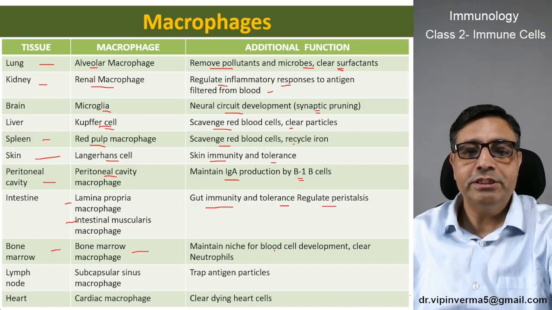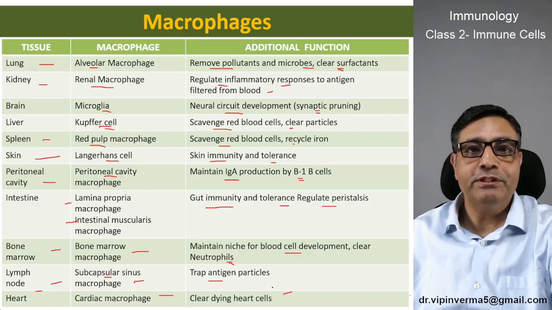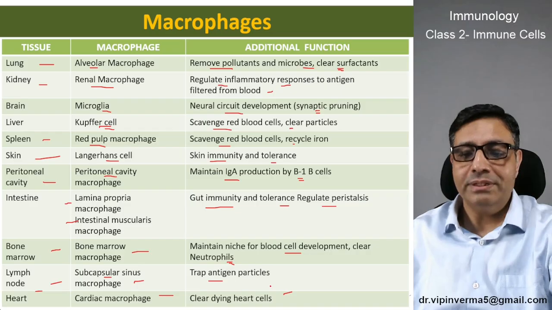They maintain the niche for blood cell development, and they clear the neutrophils. In lymph nodes, we have the subcapsular sinus macrophages, which trap the antigen particles. And in heart, we have the cardiac macrophages, which clear the dying heart cells. Okay, so these are some of the different types of tissue macrophages and their specific functions apart from the regular function.